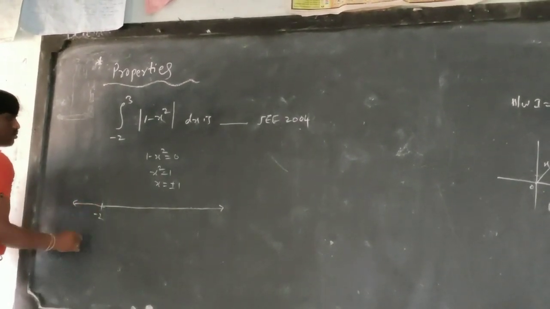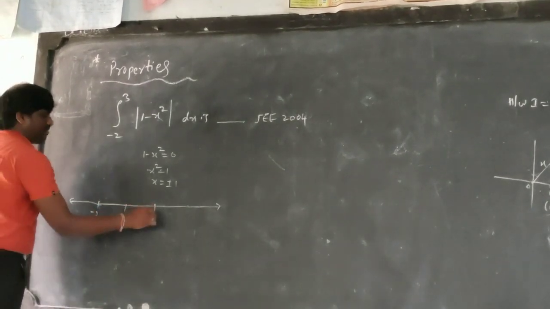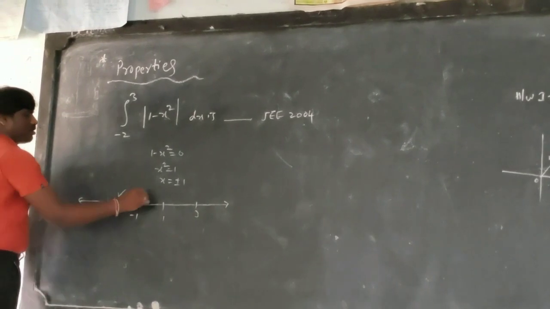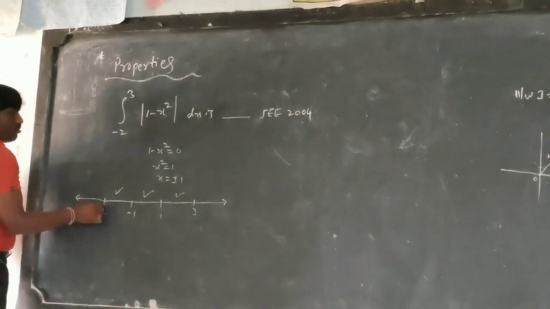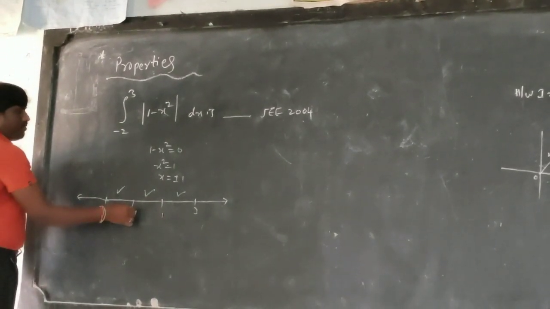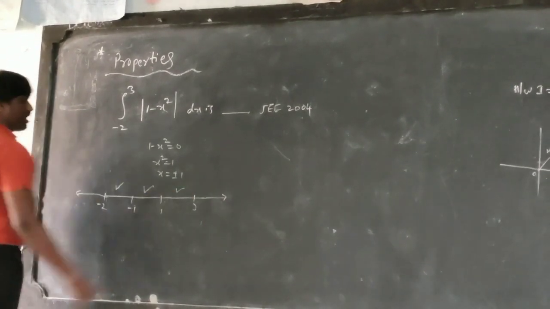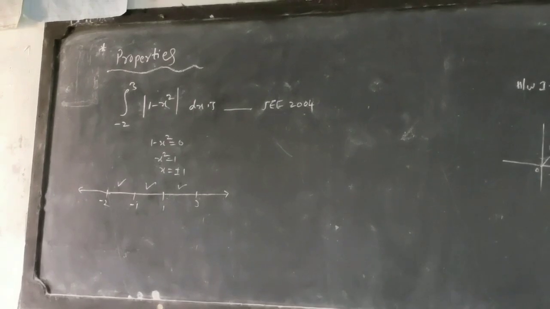You have a minus 2, you have a minus 1, you have a plus 1, you have a 3. So this is broken here. How many parts? 1, 2, 3. So minus 2 to minus 1, minus 1 to 1, and 1 to 3. So this question is broken into 3 parts.